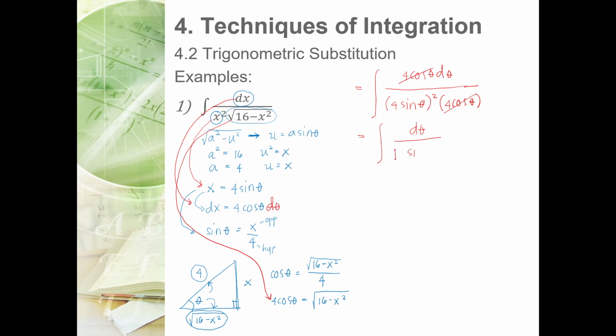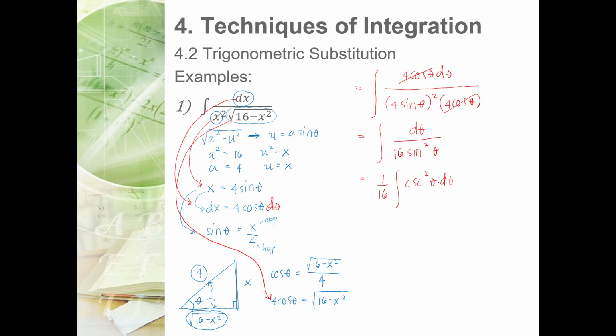So this one is 16 sine squared theta. In other terms, we can express this as 1 over 16, and then instead of 1 over sine squared theta, we can have cosecant squared theta d theta.